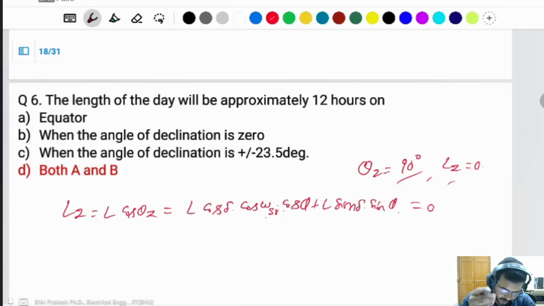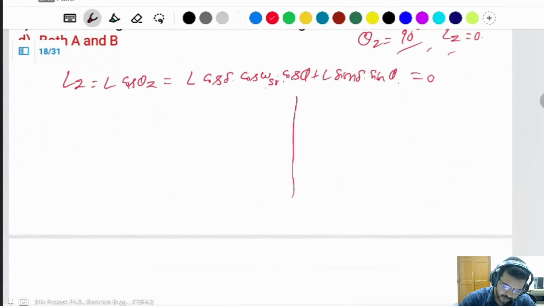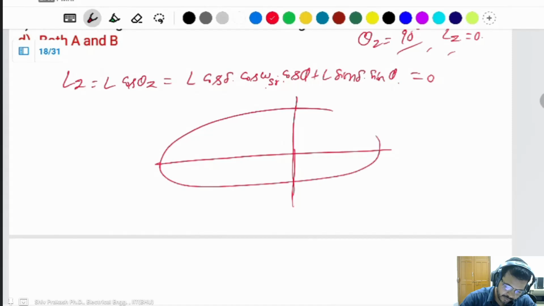Okay, wait, the length of the day will be approximately 12 hours on the equator when the angle of declination is 0. This is the equator line.